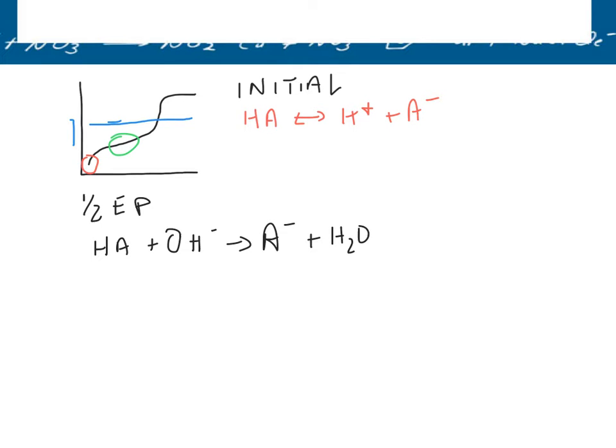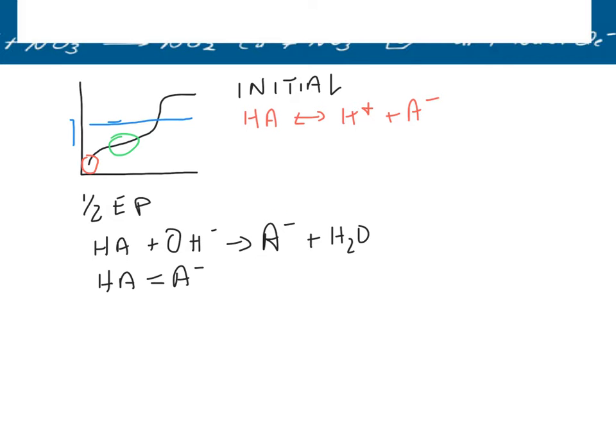And since we've eliminated half of this, what that means at this point is our acid equals our base. Because we've converted exactly half of this, we have half of it remaining, into this.